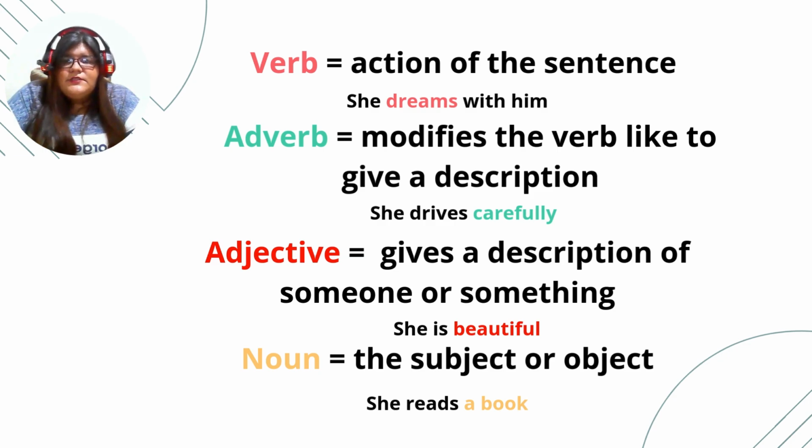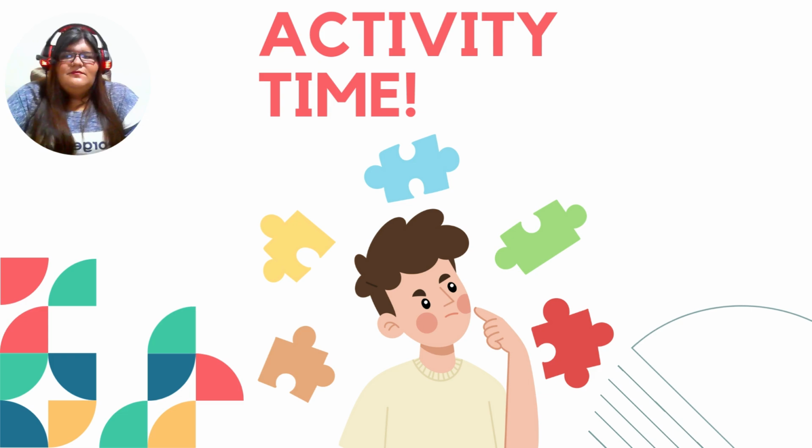For example, the teacher, the lamp, the animal. And the object is like the things: font, box, right? For example, she reads a book. So, what is the noun in the sentence? A book.